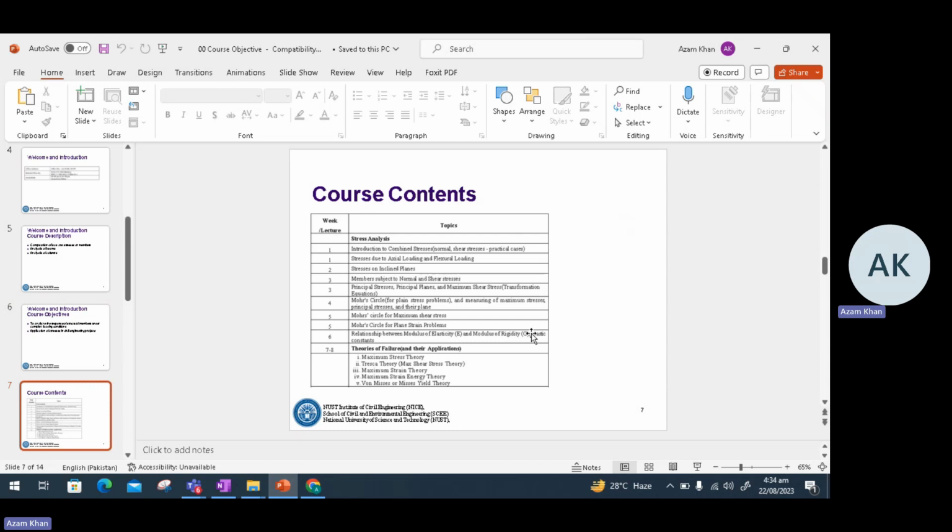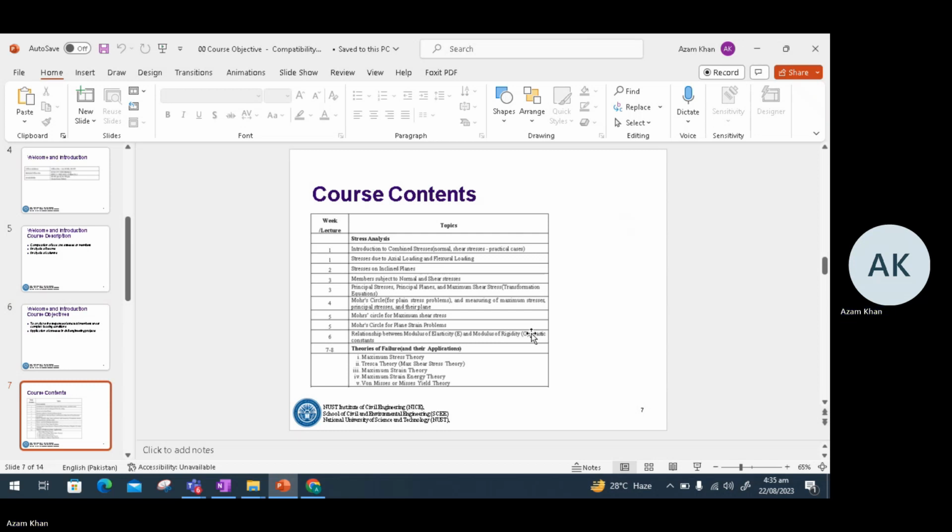Now, the course content of this module is shown on the screen. The first week will be introduction to combined stresses, which will include normal and shear stresses, like axial and shear stresses, etc. Then in the second week we will have stresses on inclined planes.